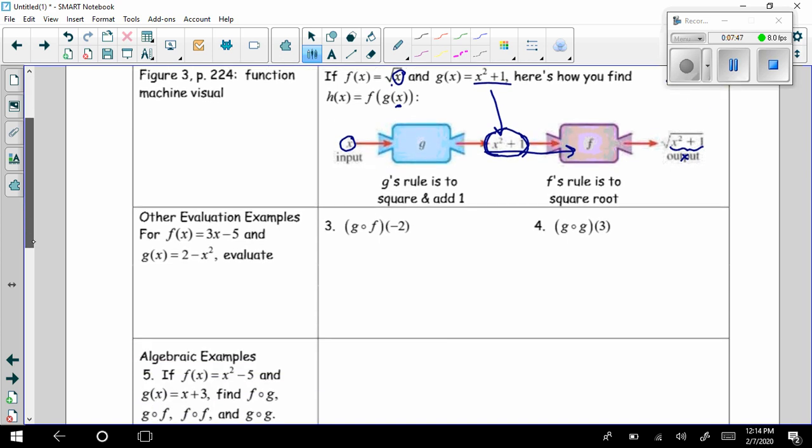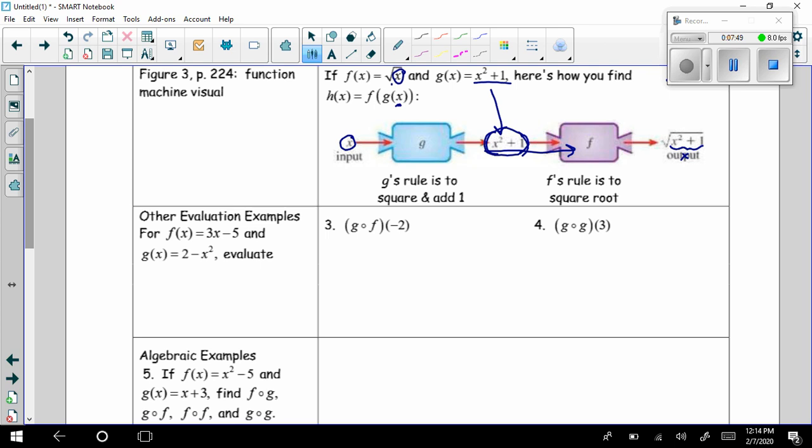All right, so let's look at a couple of these. So we're doing g of f of negative 2. So the negative 2 goes into the f first. So we have f of negative 2 is equal to 3 times negative 2 minus 5, which is negative 6 minus 5, is negative 11. Then we're going to take this negative 11 and plug it into g.